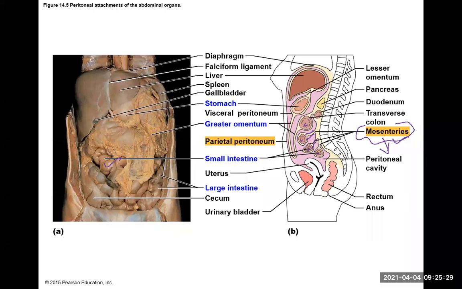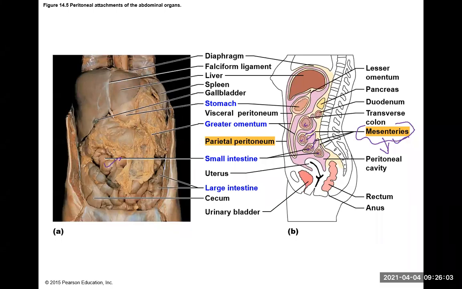A lot of research is going on because doctors think that cancer travels from one place to another. We know it travels through lymph nodes or lymph, but scientists are trying to find out whether it is possible that cancer can travel in the abdomen from one place to another through these mesenteries.